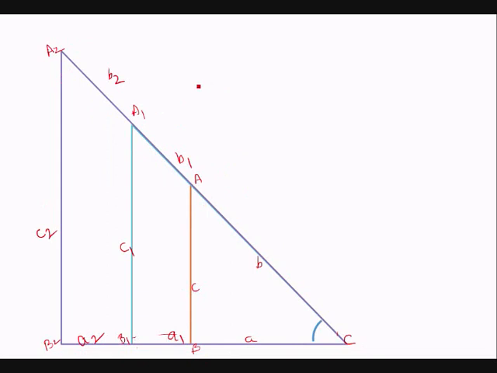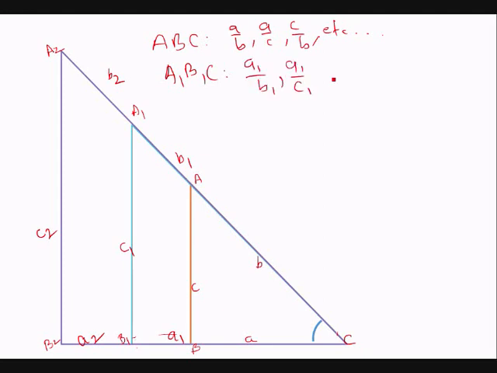If I consider the triangles ABC, A1B1C and A2B2C, which are all similar, and write the ratios of similar sides, then I will be getting in triangle ABC, the ratios are a over b, a over c, c over b and etc. In triangles A1, B1, C, the ratios are A1 to B1, A1 to C1, C1 to B1, etc. Because the sides are A1, B1 and C1.